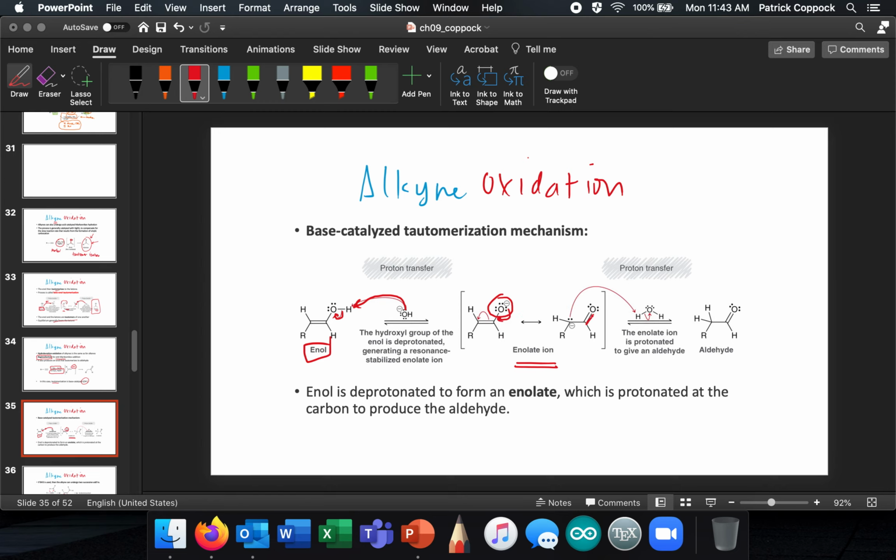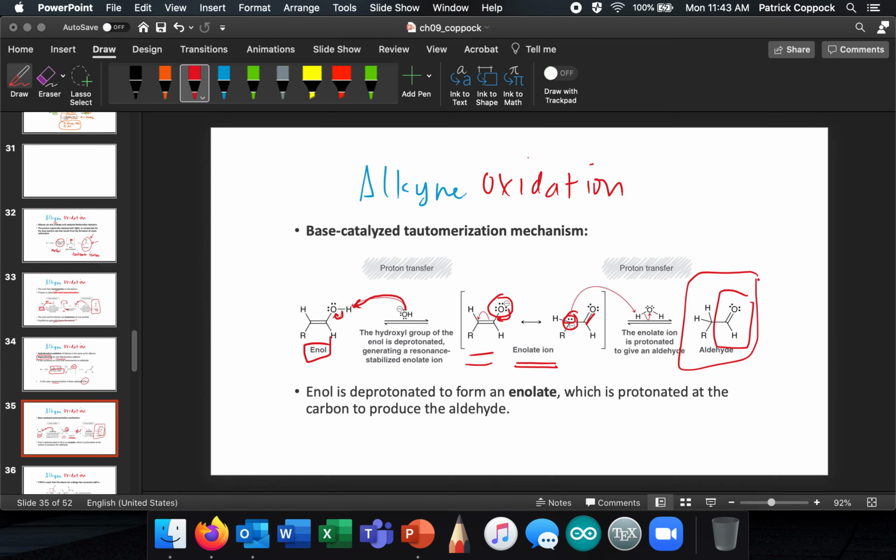You see those? They're right here. And these electrons come up here, and they're right here. This is obviously the more stable of the two because it has a negative charge on an electronegative element. However, since this is such a downhill process, the water molecule donates a proton to this very basic carbon, and boom, we get the aldehyde.